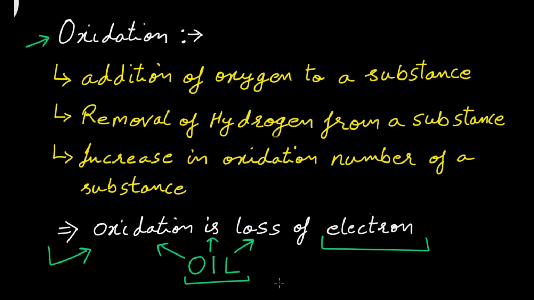Now let's take an example. For example, zinc. Zinc can lose 2 electrons and can give Zn2+ plus 2 electrons. Now since zinc is losing electrons, it is undergoing oxidation. Here the oxidation state of zinc is 0 and here the oxidation state is plus 2.